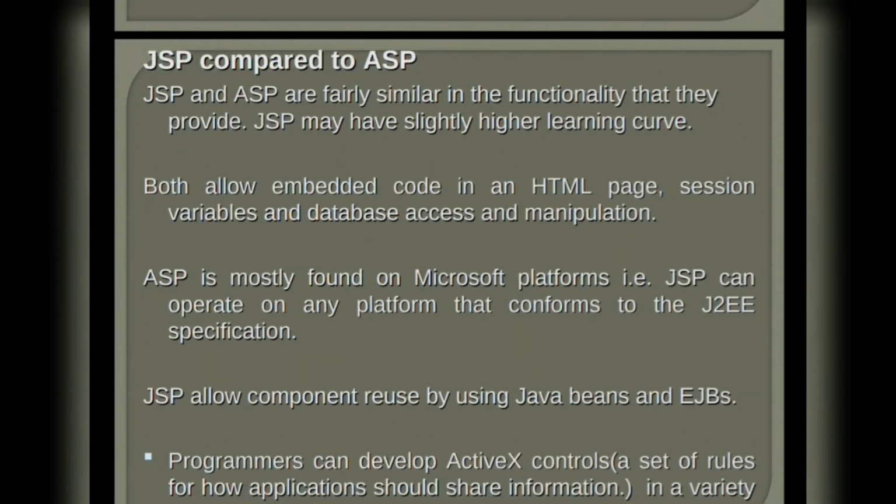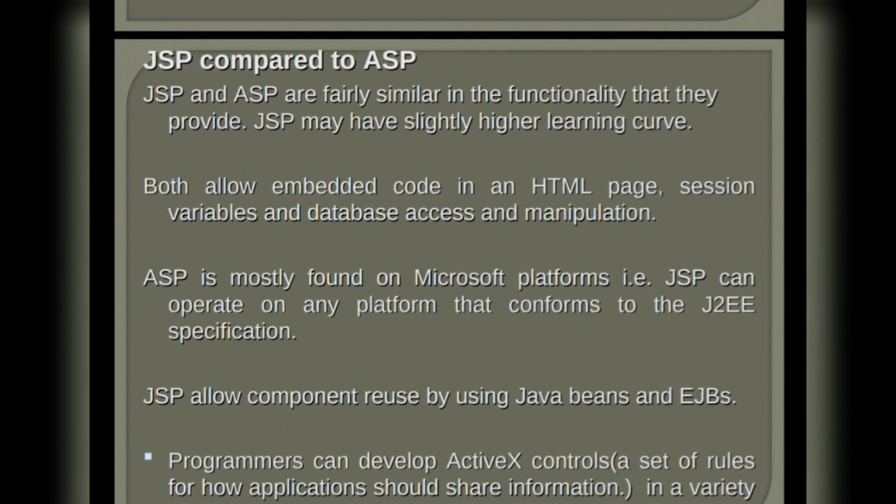Now I am going to compare JSP and ASP. JSP is a product from Sun Microsystems and ASP is from Microsoft. Both are used for developing dynamic websites. JSP may have a slightly higher learning curve than ASP.